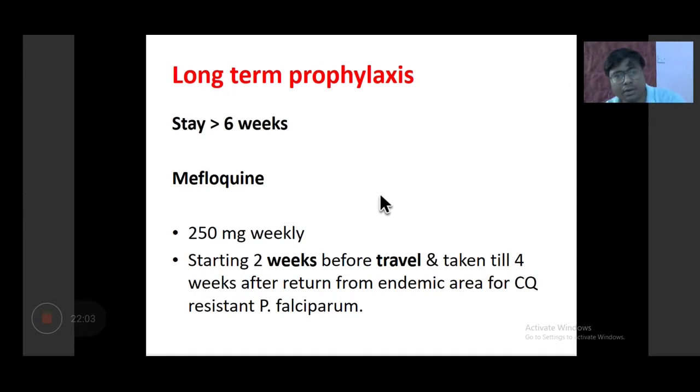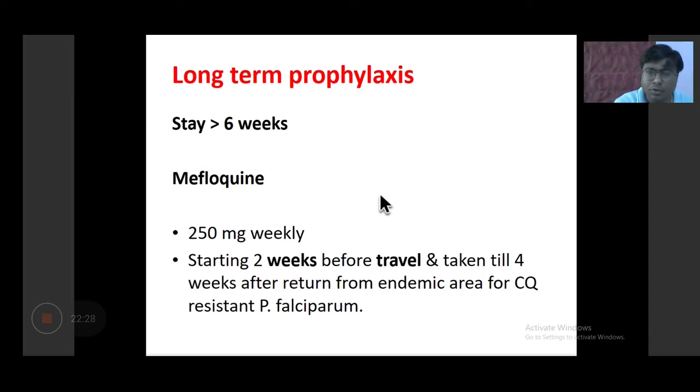Mefloquine can be given 250 mg weekly. The regimen is that it should start 2 weeks before the travel, so from 2 weeks before the date of travel you give mefloquine weekly. Then during the travel, and after return from the endemic zone, it is taken for 4 weeks.